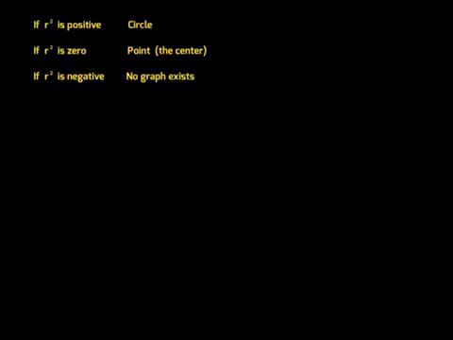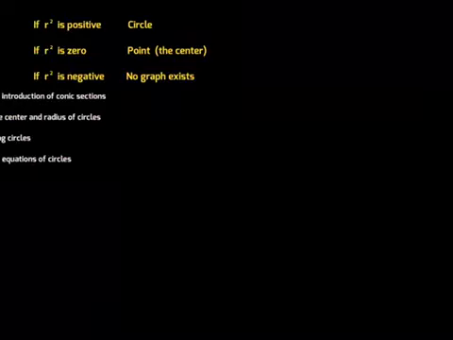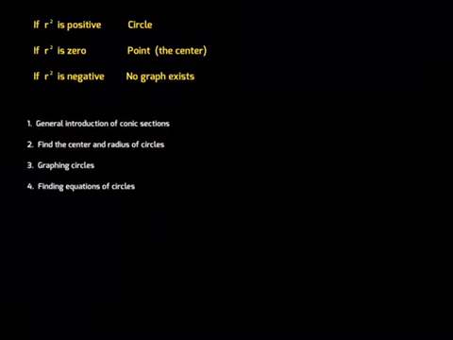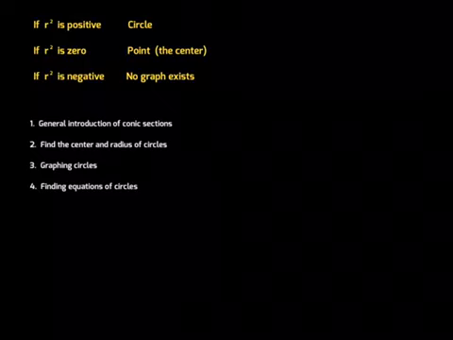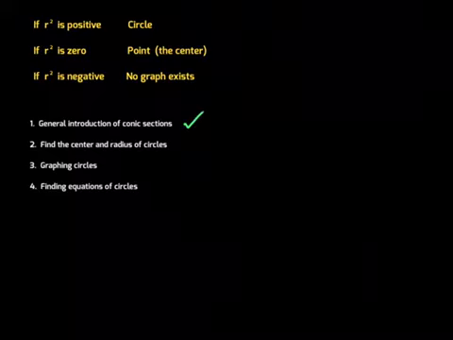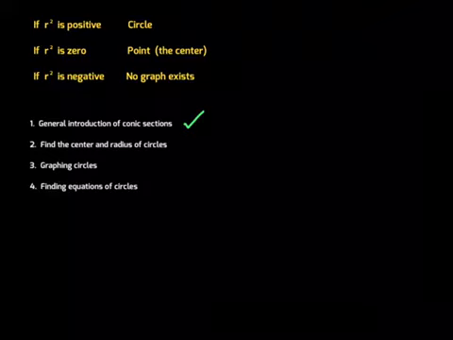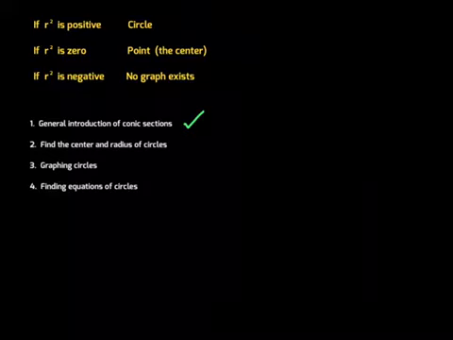Okay, everybody, I wanted to remind you of our 4 objectives in this section. These are the 4 things that you and I want to study, and I just want to keep track of what we've done. We've talked about why we call them conic sections. They're called conic sections because they're the intersection of a circular cone and a plane. We know how to find the center and the radius of circles.